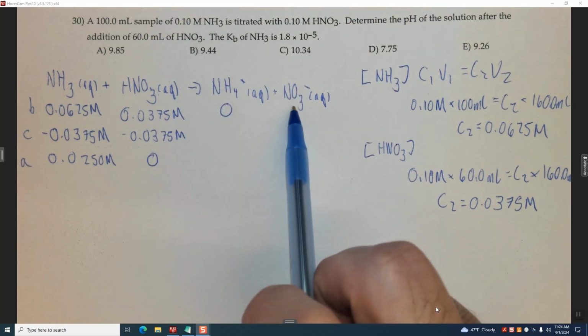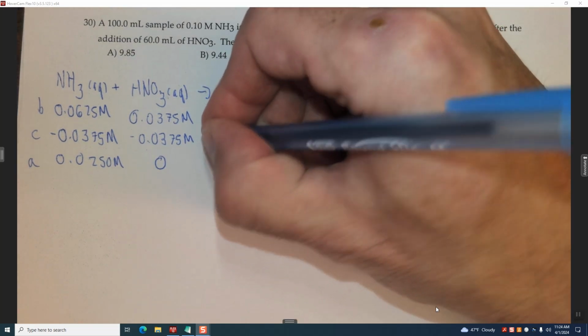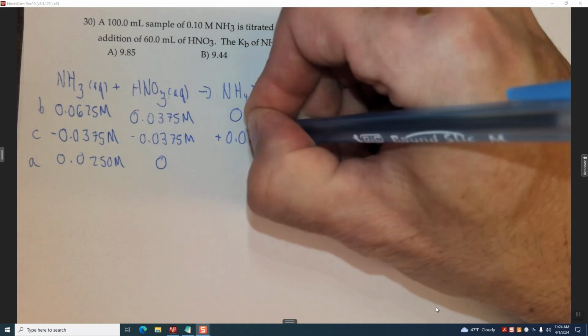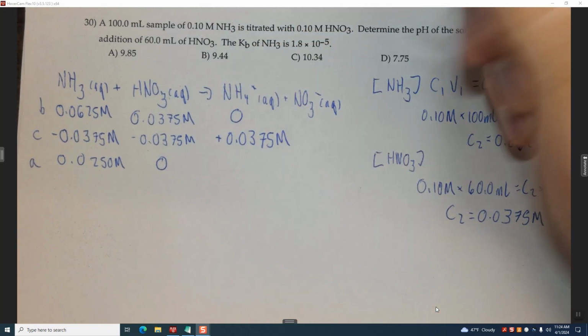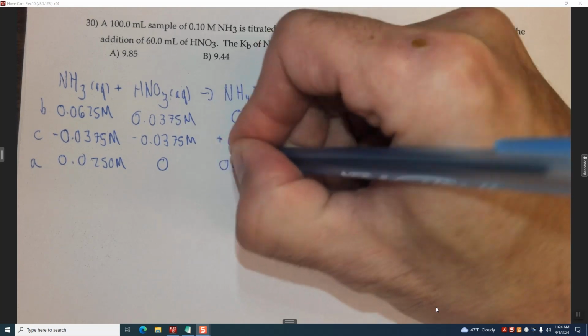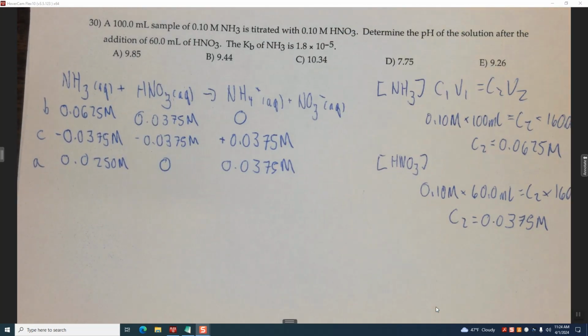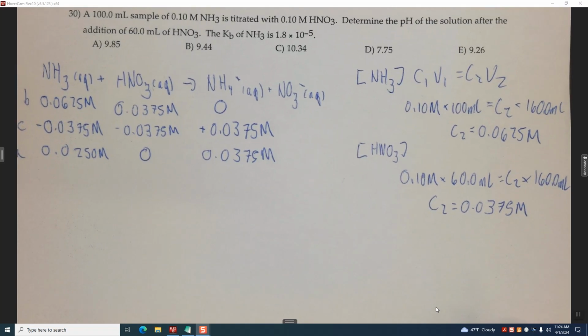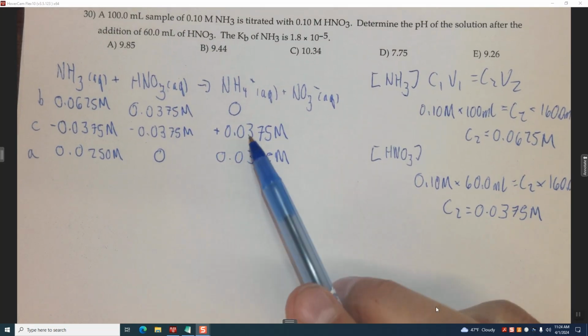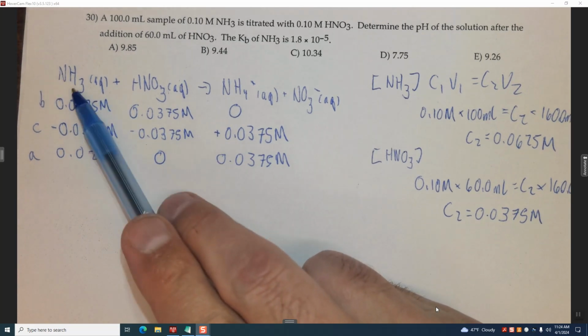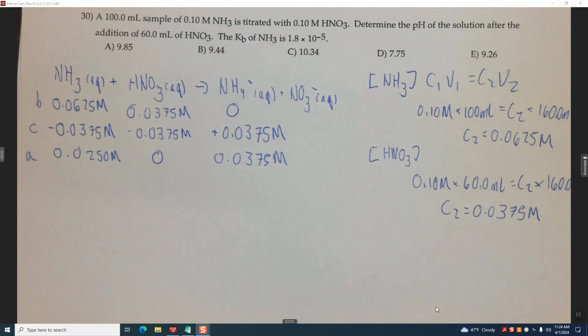They form this and this. So we're actually going to gain 0.0375 molar of this. And we're going to ultimately have 0.0375 molar ammonium in solution. Because of this fact, we're actually going to have a buffer. It's going to contain a weak base and its conjugate acid.